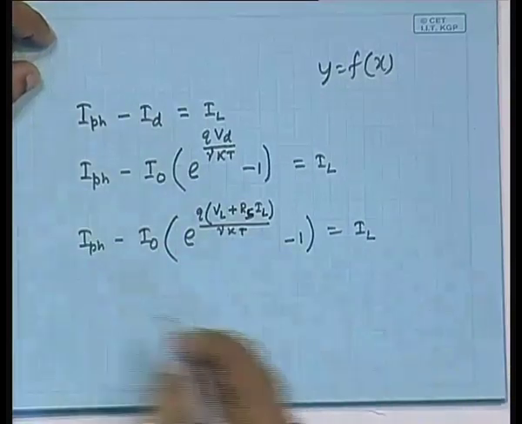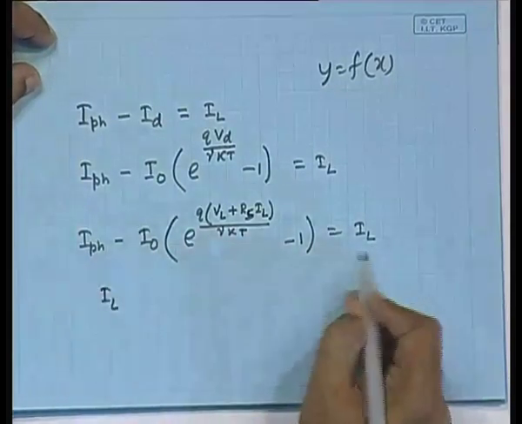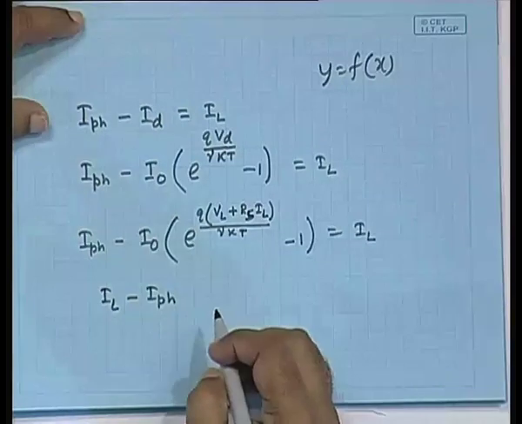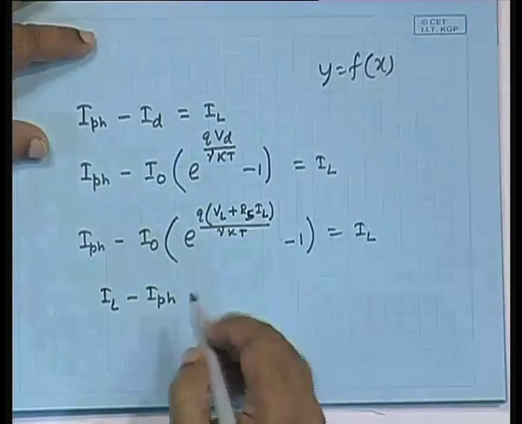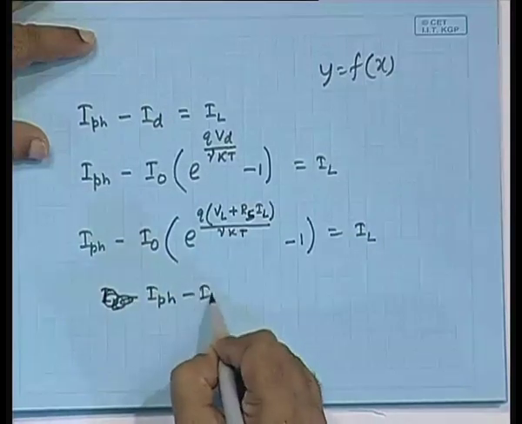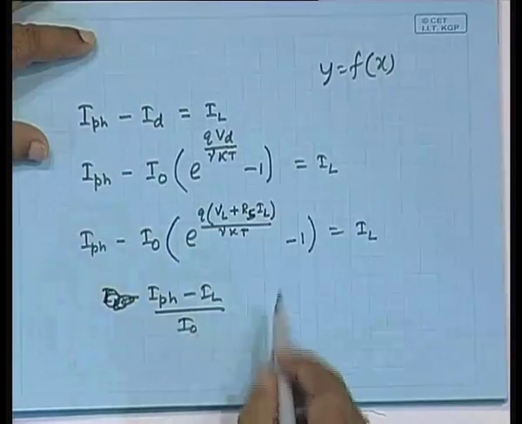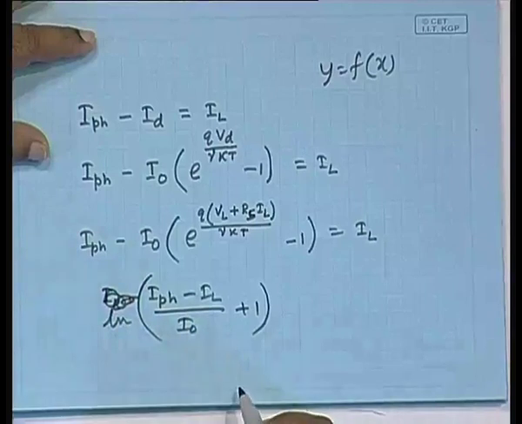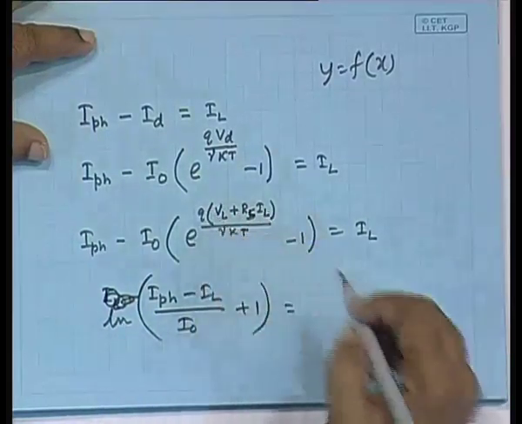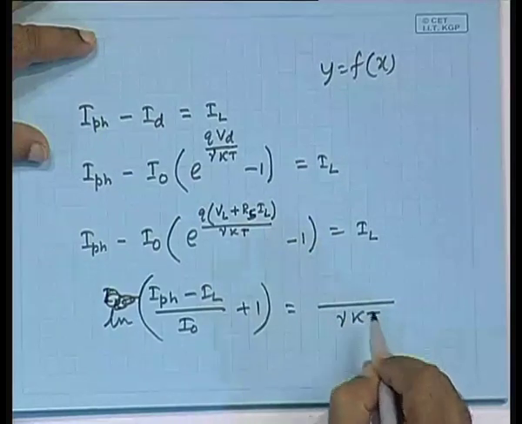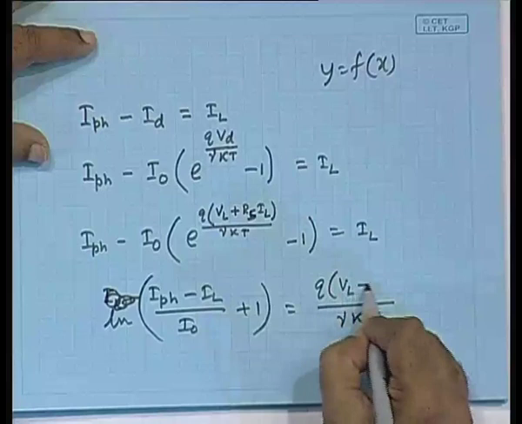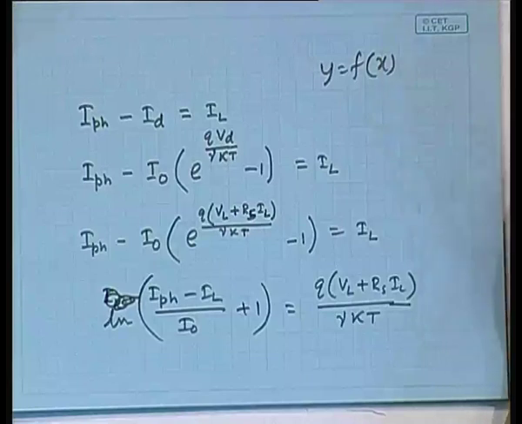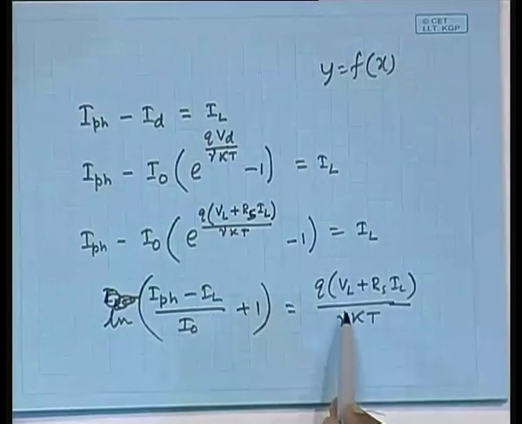So, you have I P H minus I L, divided by I naught, plus 1, ln of this is equal to this fellow. Now, naturally it is possible to extract V L.